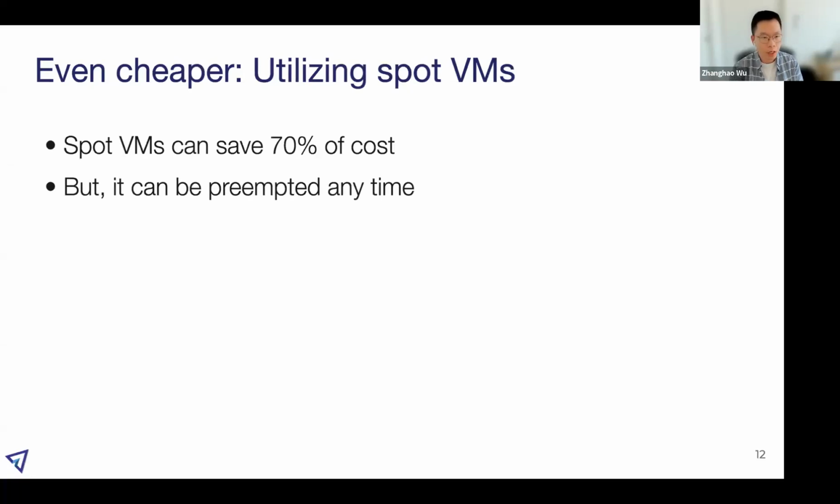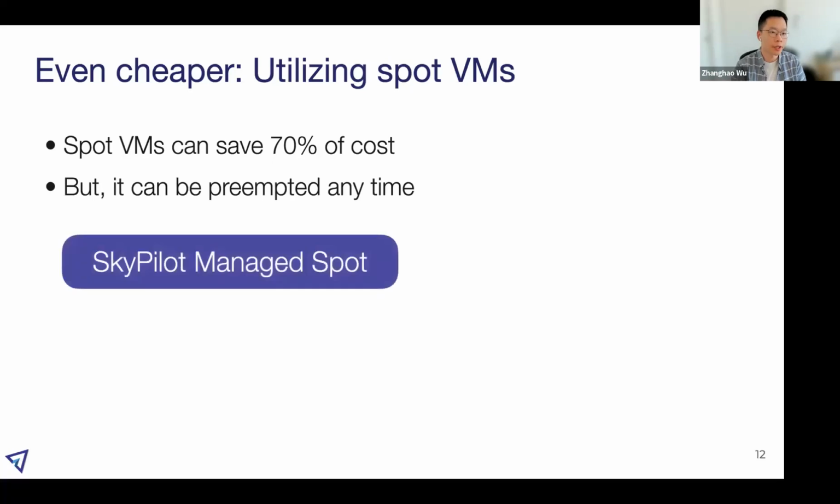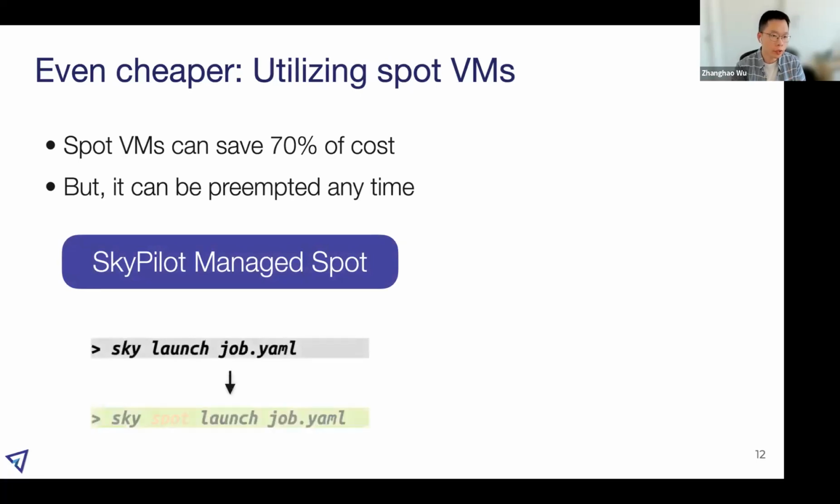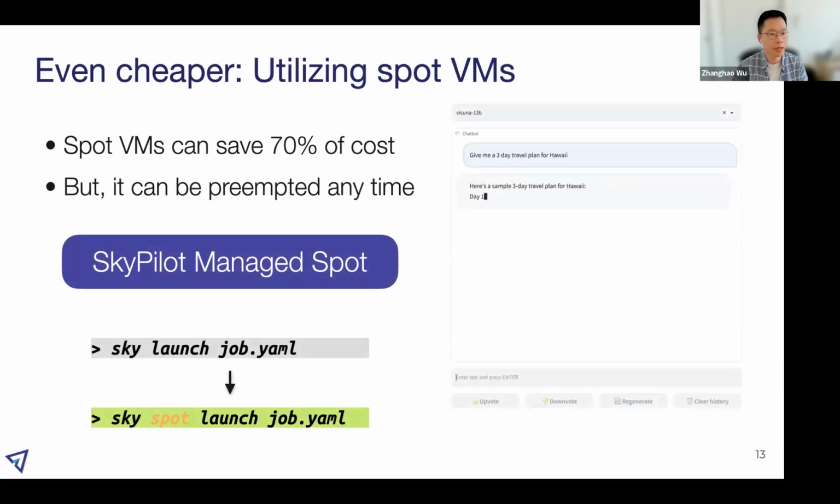So SkyPilot ManagedSpot is here to help. It is a library built on top of SkyPilot, which can automatically recover the job whenever needed. All we need to do is change the command from sky launch, which we mentioned before, to sky spot launch. The video on the right is the Vicuna LLM chatbot we trained before with SkyPilot ManagedSpot.